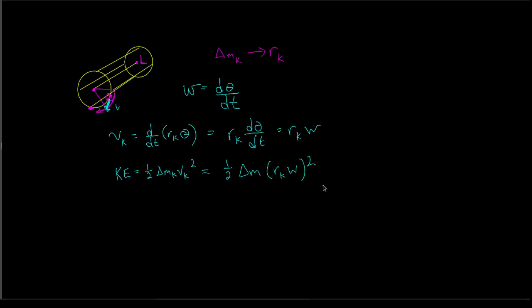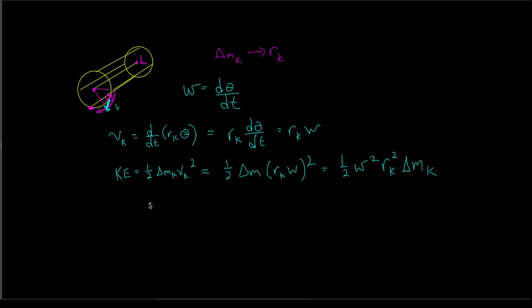And by substitution, we get 1/2 omega squared, the radial component, times the mass component.